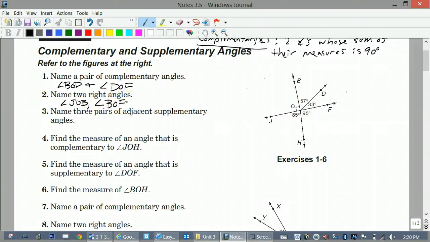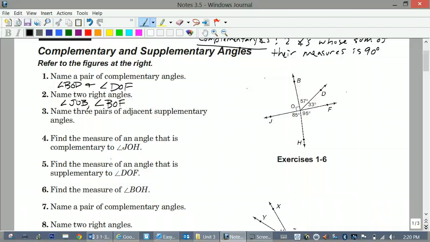Okay, name 3 pairs of adjacent supplementary angles. What does adjacent mean? Next to. What specifically next to what? Not just next to each other, but they share a common ray. Visually, they look like they're next to each other, but they also share a ray in common.